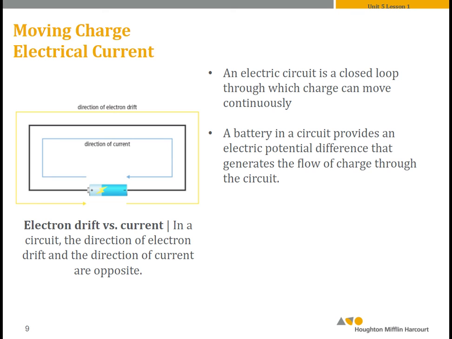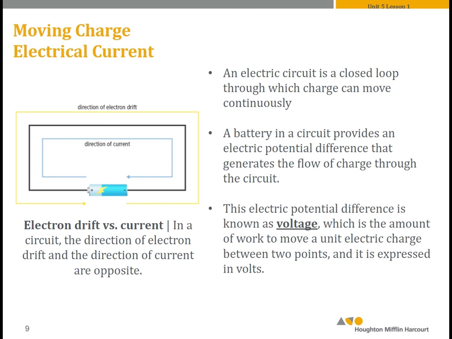The potential energy is different when it's held up in the air than when it's sitting on the ground. In an electric circuit, you have electric potential difference, so you have a greater amount of electric potential in one place and a lesser amount of electric potential in the other place, and that's what causes the electrons to flow and the current to flow.